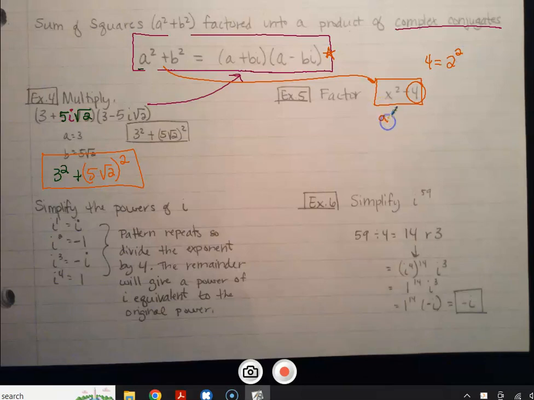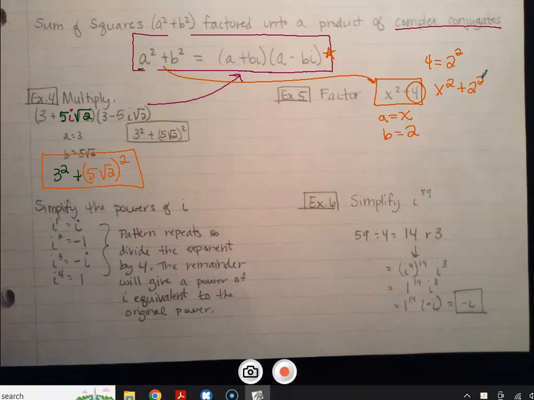So my a is what? x. So in this case, a equals x, and what's our b equal? 2, because this is the same thing as x squared plus 2 squared.